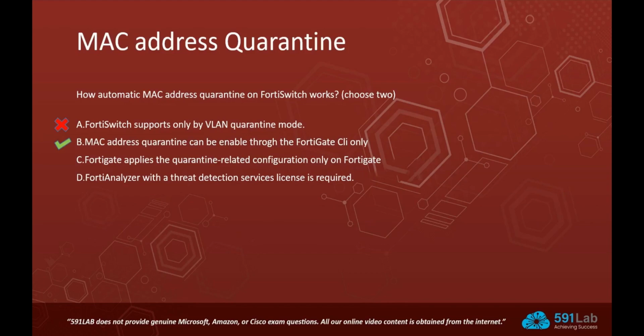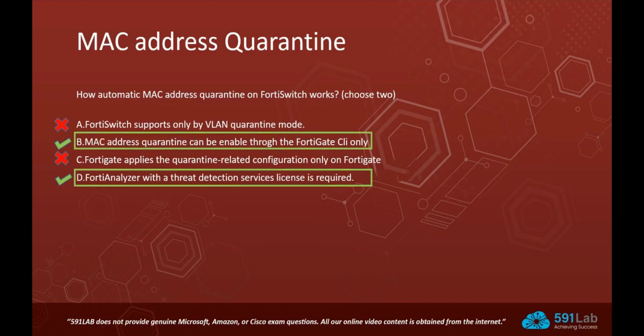Answer C, FortiGate applies the quarantine related configuration only on FortiGate. No, this answer is wrong. Answer D, FortiAnalyzer with the threat detection service license is required. Yes, this answer is correct. The correct answers are answer B and answer D.